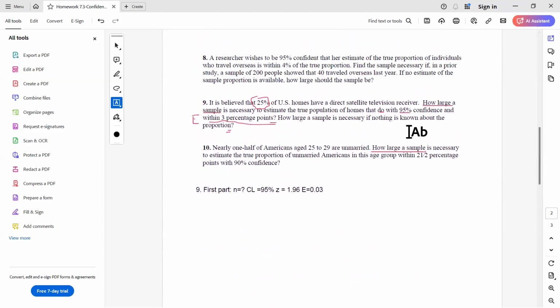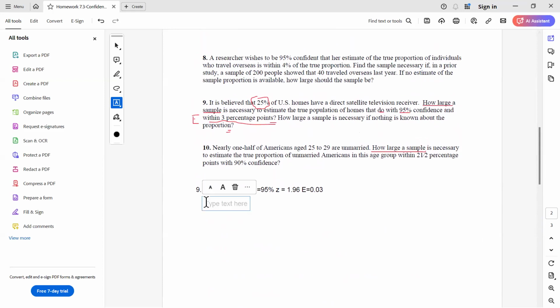Now, for the second part of this, okay, how large a sample is necessary if nothing is known about the proportion?